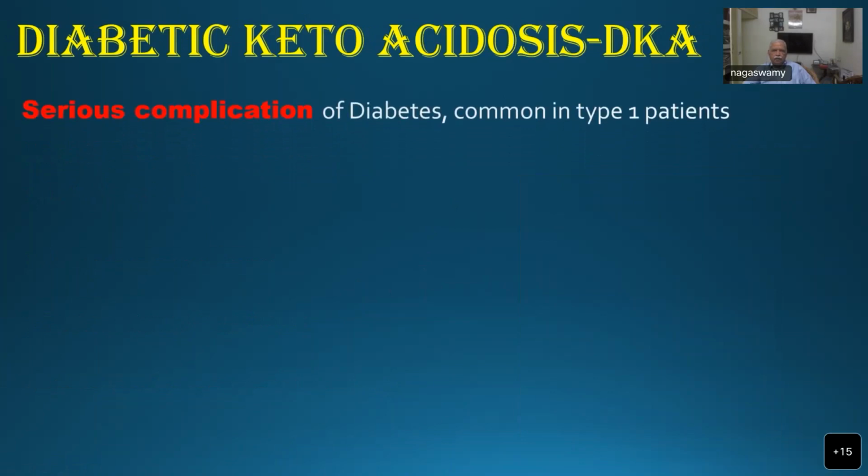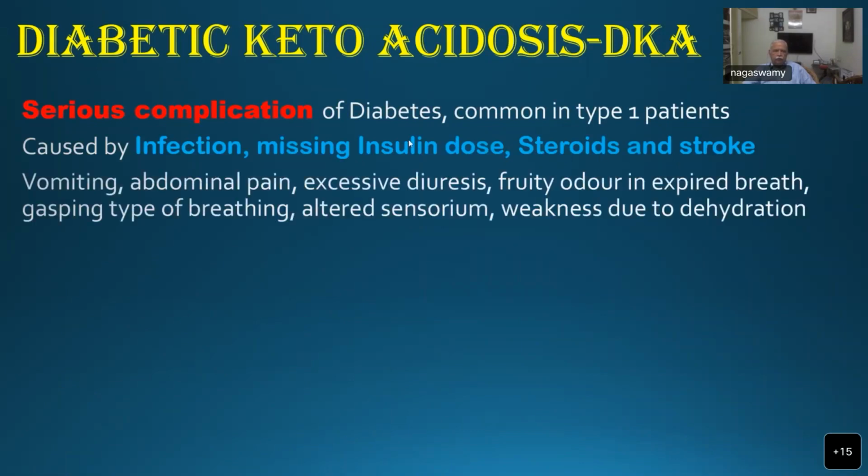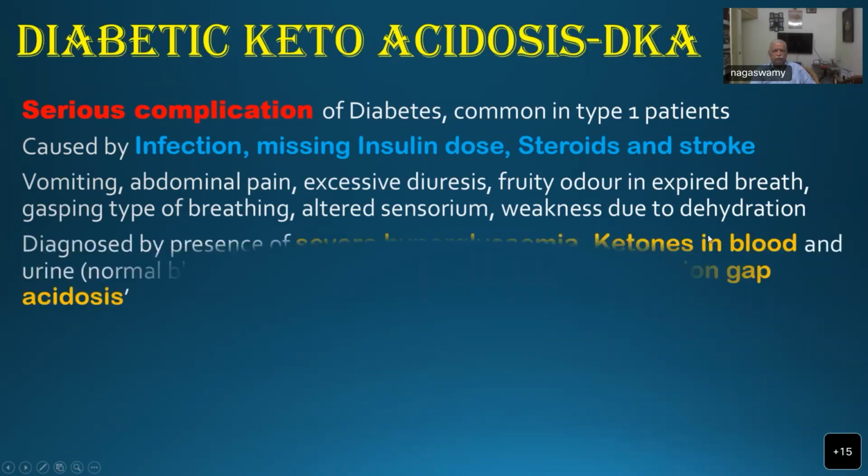Now coming to diabetic ketoacidosis, it is a serious complication of diabetes, more common in type 1 patients, but it can happen in type 2 also. It is mostly caused by infection, missed insulin dose, addition of steroids, or stress, and patients present with vomiting, abdominal pain, excessive diuresis initially and later dehydration, fruity odor in the breath, gasping type of breathing, altered sensorium, and weakness. These are the clinical symptoms.